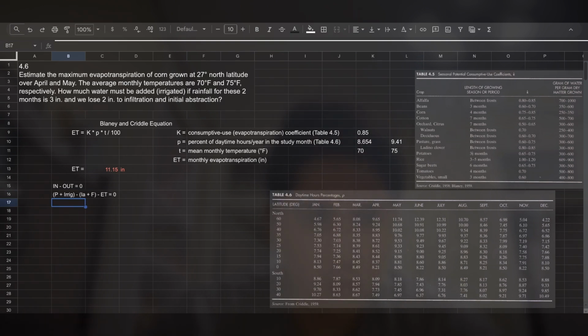So if we want to solve for how much we need to irrigate, the irrigation equals, we pass everything to the other side: the evapotranspiration plus the initial abstraction plus infiltration, all of that minus the precipitation.